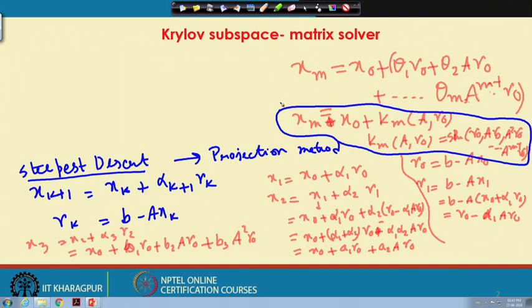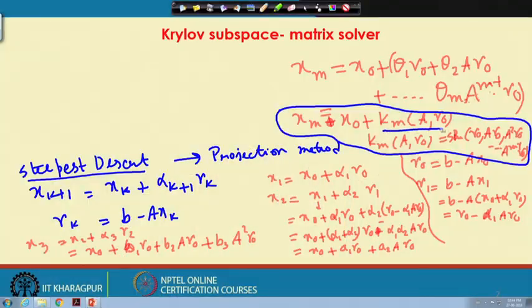So, now if we look into the definition of how x is updated, for example, when we looked into steepest descent, x is always updated along r, and in that way we also made the point that the new residual vector r should be orthogonal to the previous residual vector, or also to the functional subspace isocontour of J. So, there is a constraint on how x will be updated, based on which the values of alpha are calculated.